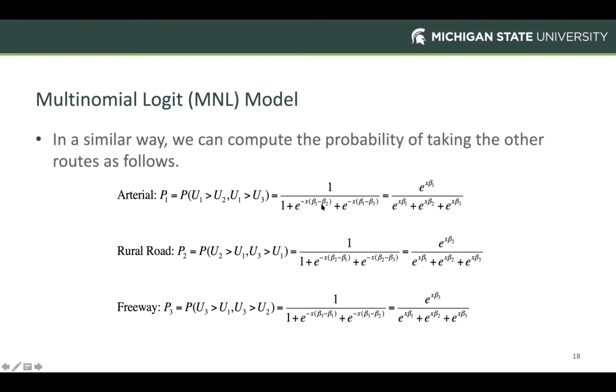So it's arbitrary which of these we're going to zero out, but our probability of choosing the arterial in that case would be taking the difference in the utility between route 1 and then routes 2 and 3 respectively, okay? And so you'll see in each of these equations, when we're calculating the probability for this respective route, we're looking at the difference in the parameter estimates between that route and each of the competing routes that the individual has to choose from, okay?